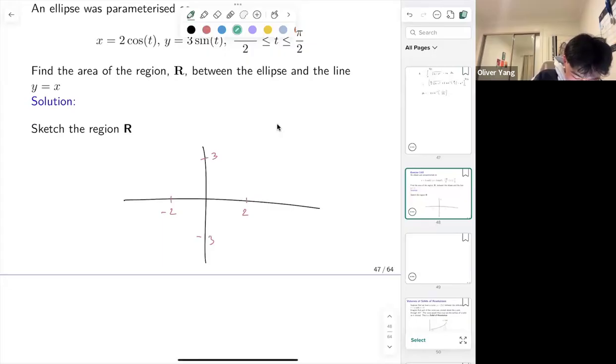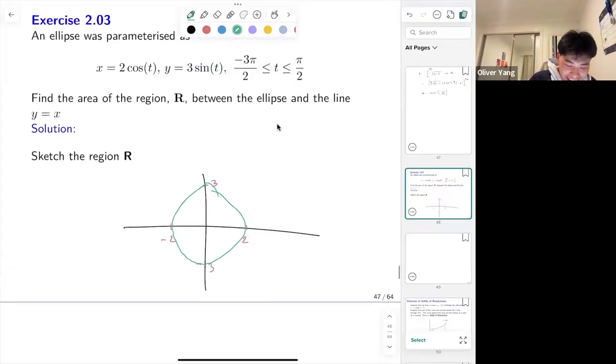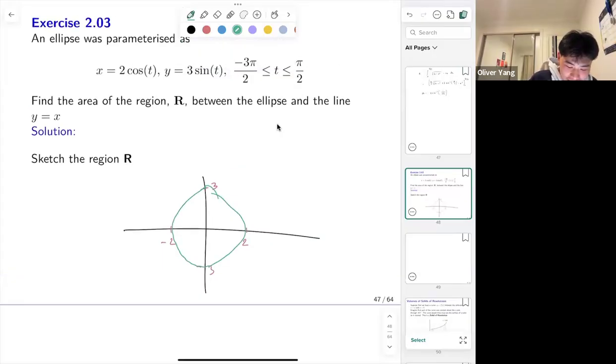So this is your ellipse. Oh God, I can't draw an ellipse. But we know it's parameterized from -pi on 2 to pi on 2. So we know that this is 0. Pi on 2 is here, yeah?